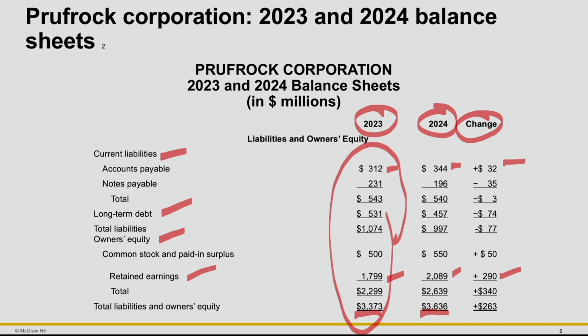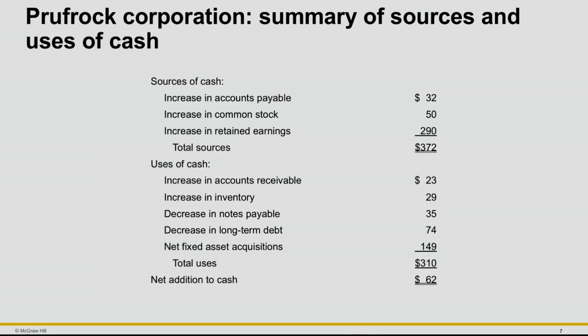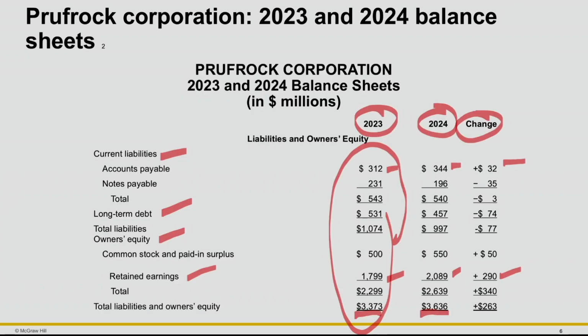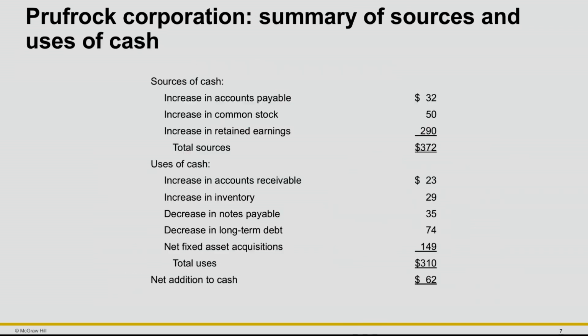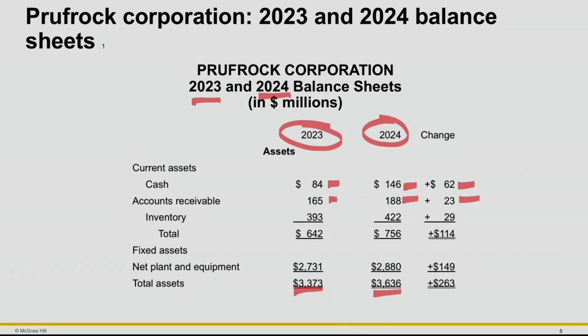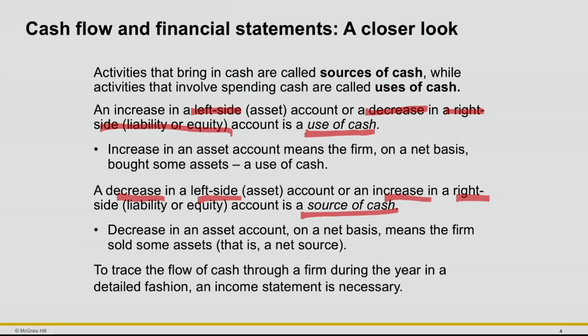Good. Now let's go on to looking at the sources of cash and the uses of cash. Each one of these comes straight off of the balance sheet. If we start off with a source of cash, an increase in accounts payable, well, let's go back and look at this slide.